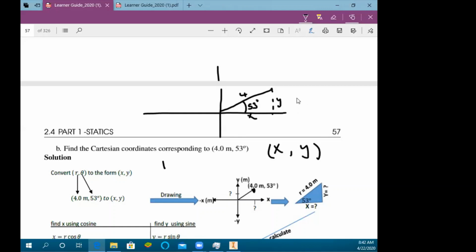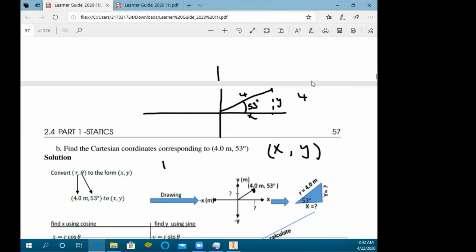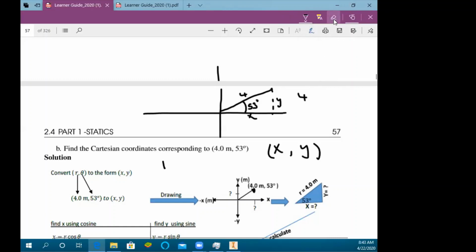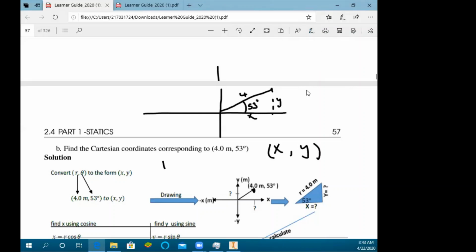So in this case, we just use 4. Okay, let me do it the other way. Let's start by writing the ratio of cos.